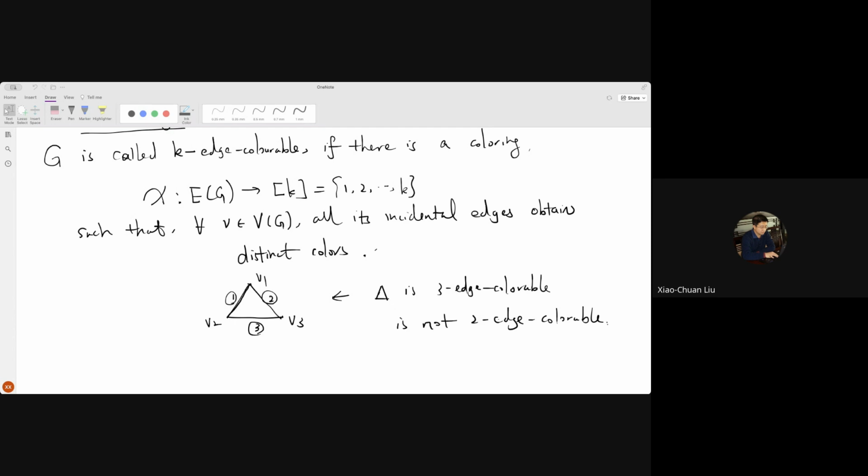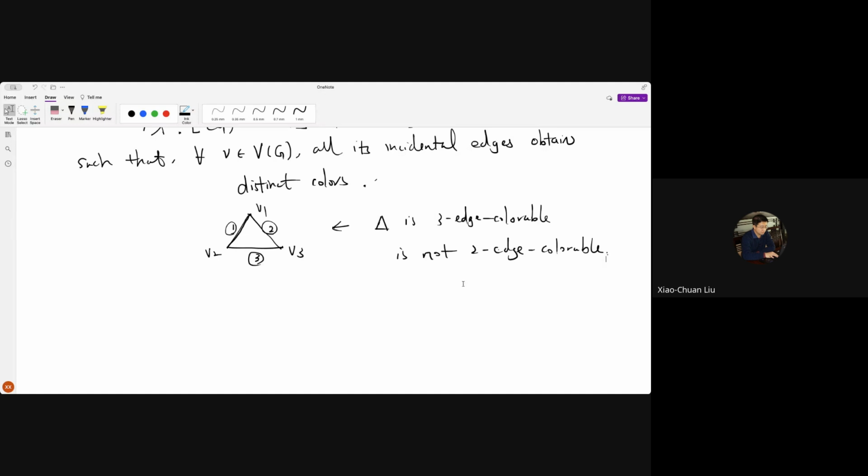So we change the point of view. We are trying to give a coloring to the set of edges. To make some comparison between vertex coloring and edge colorings, let's make another definition which is also very useful. Usually we write χ(G) to denote the chromatic number.